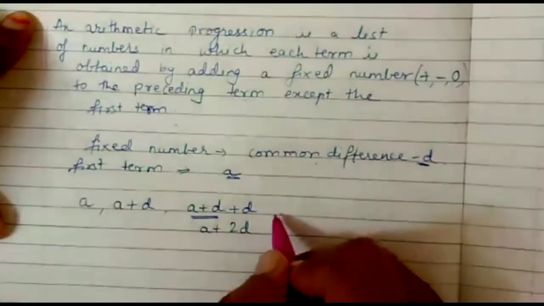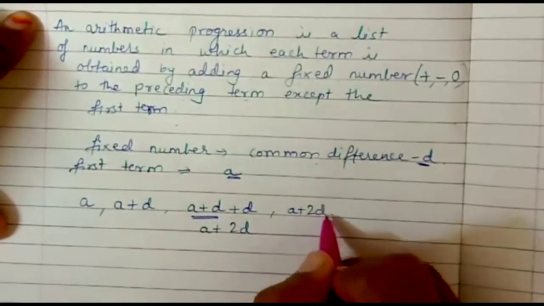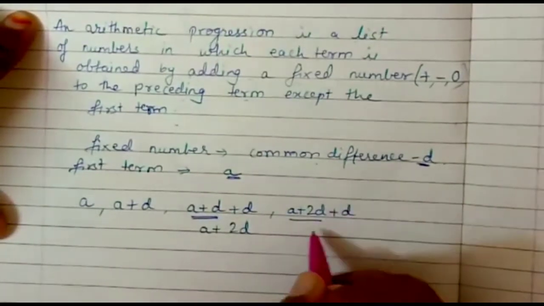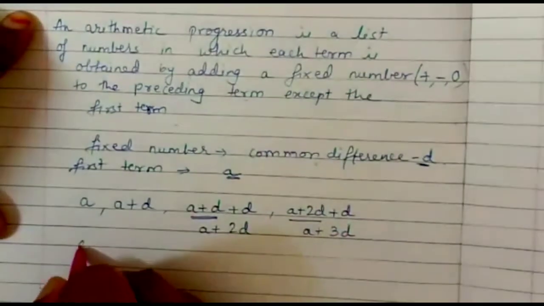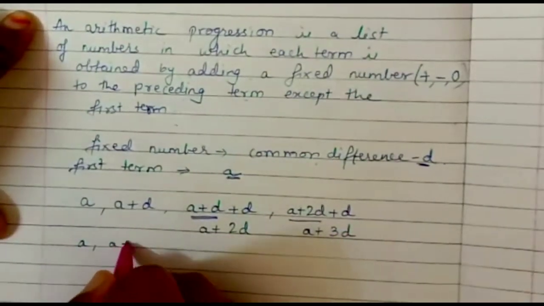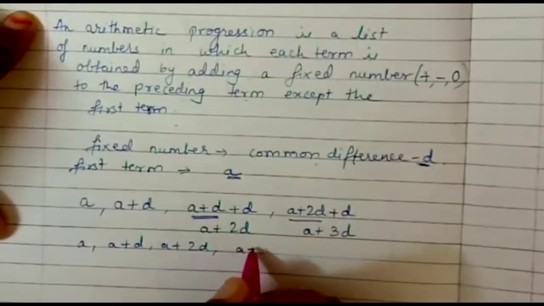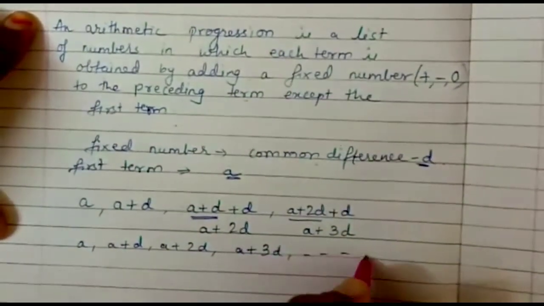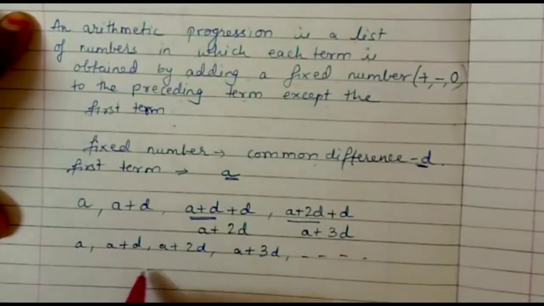Then the fourth term will be the third term plus one more D, which is A plus 3D. So in this way you will get the arithmetic progression as A, A plus D, A plus 2D, A plus 3D and so on.